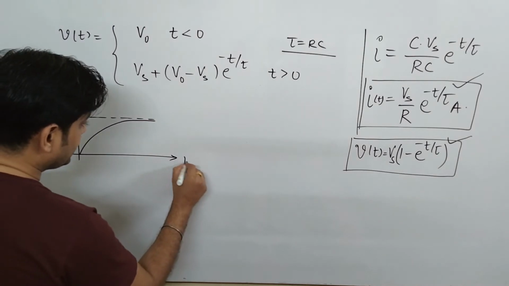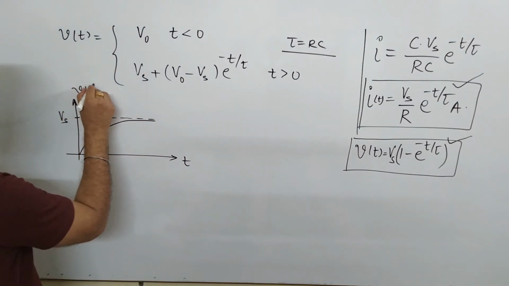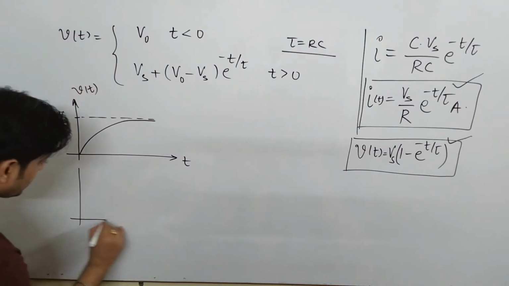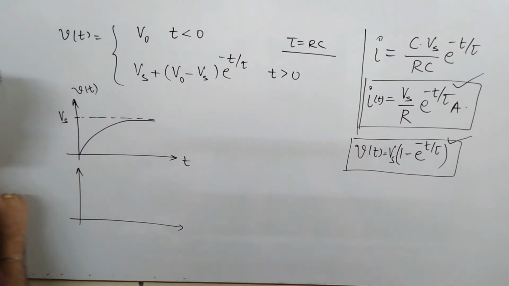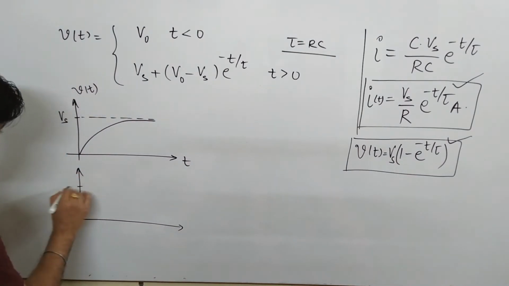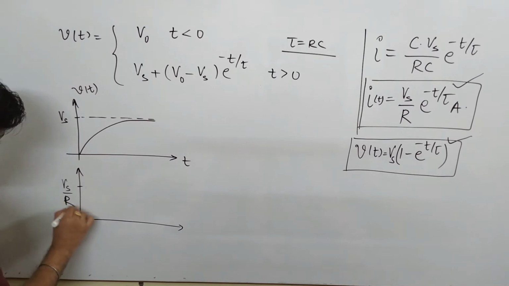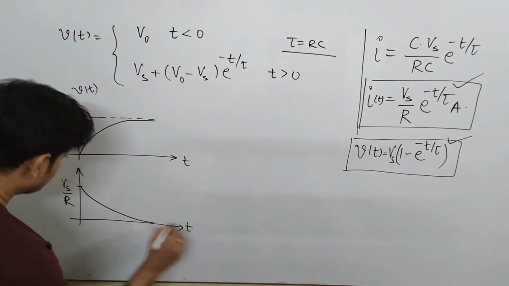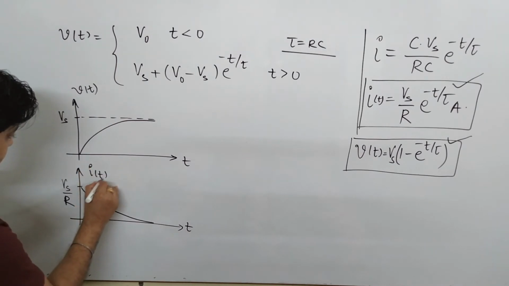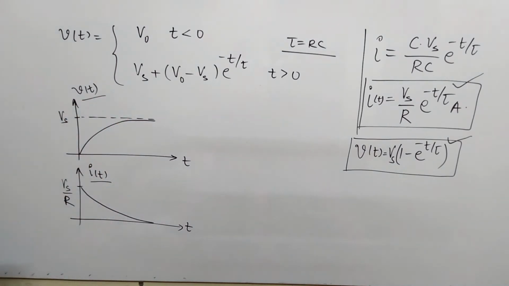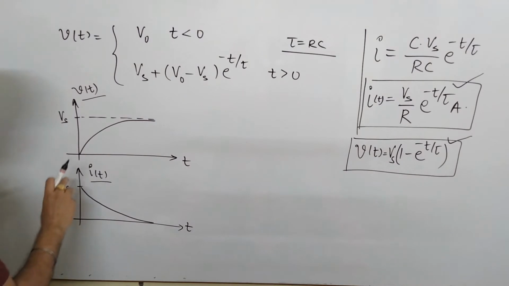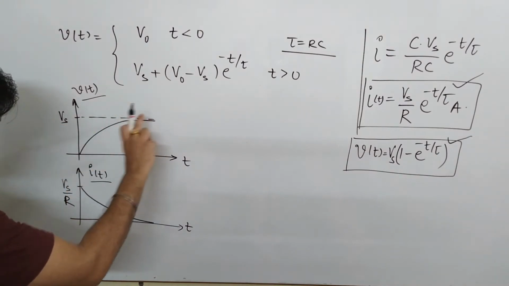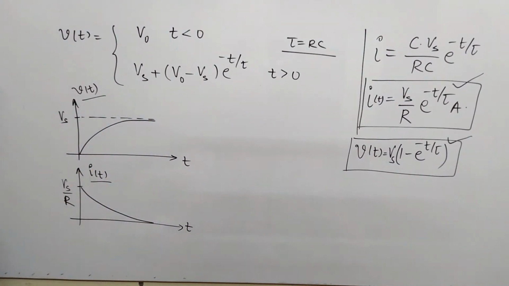This is your Vt. Similarly, if you draw It, Vs by R is the level here, and this is exponentially decaying. Again, this is t, this is It. So you can see that the voltage Vt is in this form and the current It is in this form.